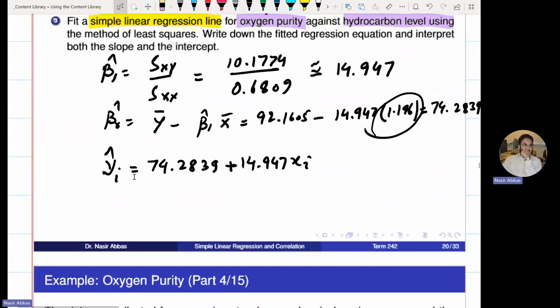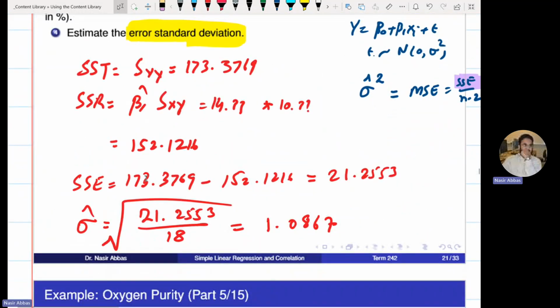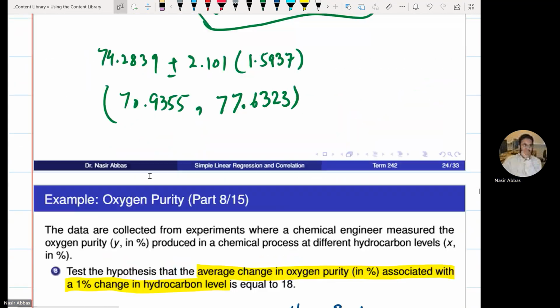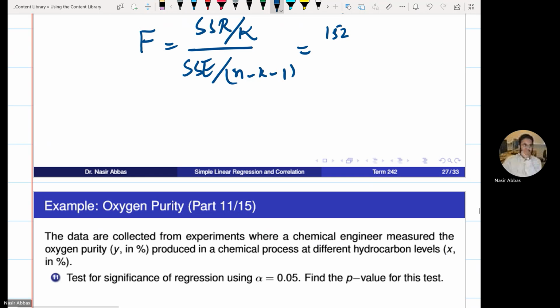There was one slide, I think we found SSR. Here. What was SSR? 152.1216 divided by number of features 1, divided by SSE.